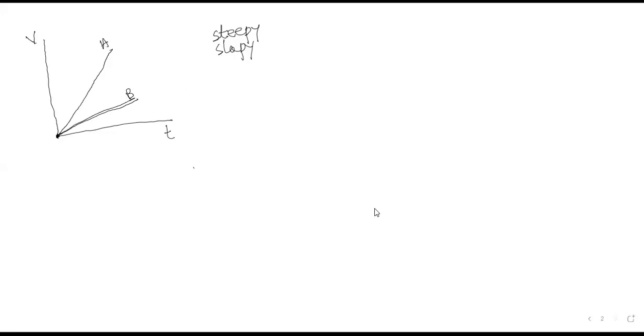So I can easily say that the first motion, body A, would have a greater acceleration compared to body B. And this is because they are coming from the same point, so I'm using the steepness, or how slopey the graph is.